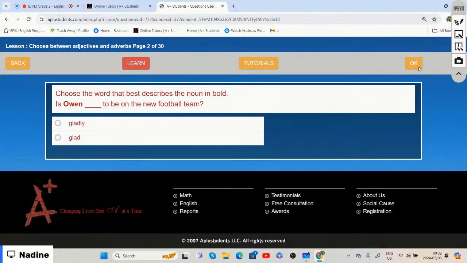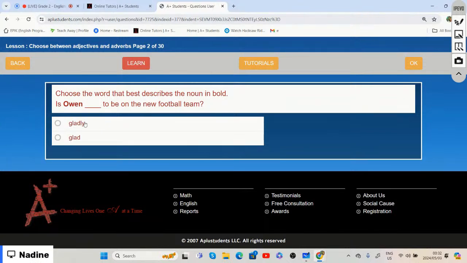We need to choose again the best word to describe the noun. So which means that we're going to choose an adjective. Is Owen gladly to be on the new football team? Or is Owen glad to be on the new football team? Gladly or glad?